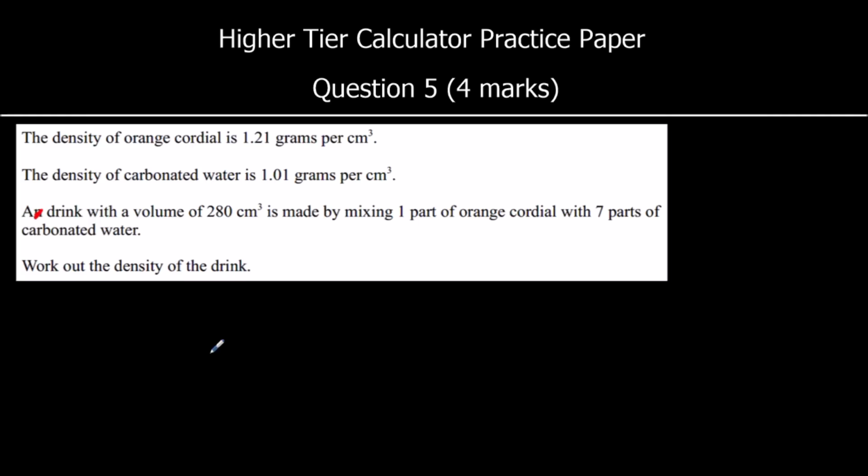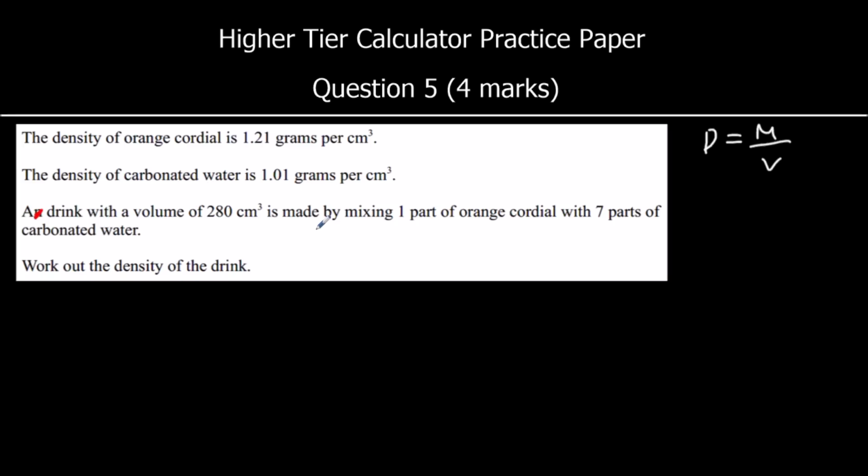Work out the density of the drink. So again, we've got density equals mass over volume. And for the combined drink, the density is going to be the total mass divided by the total volume.